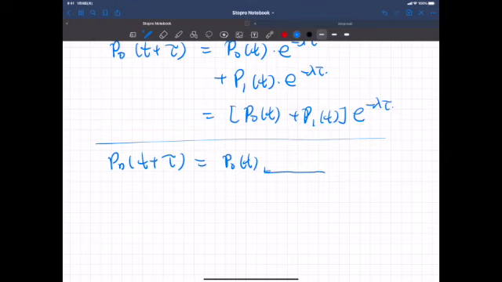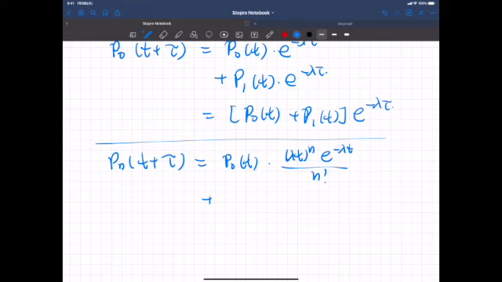Okay, so that probability should be what? Since it's Poisson distribution, there should be n customers arriving. So that would be what? Lambda tau to the power of n, exponential of negative lambda tau, over n factorial.